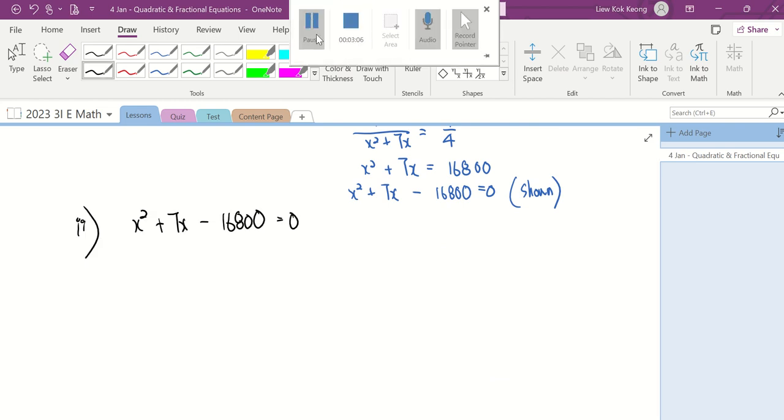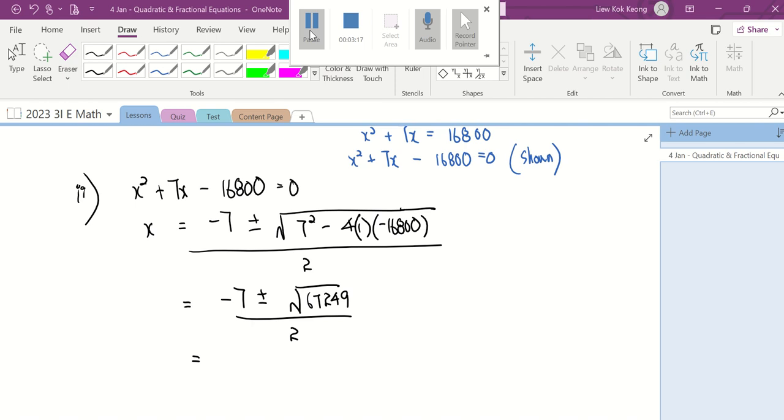Okay, now that you are already very familiar with the formula, actually no need to write the quadratic formula anymore. You can straight away input the respective a, b, c. Remember to input the value underneath the square root term, simplify it, then you can use your calculator to double check.